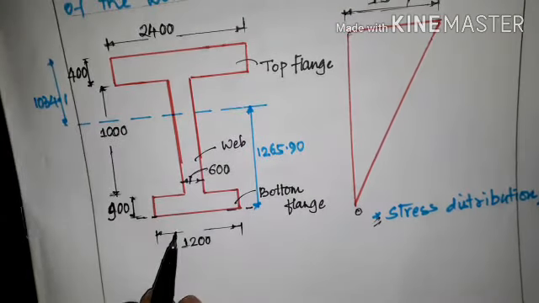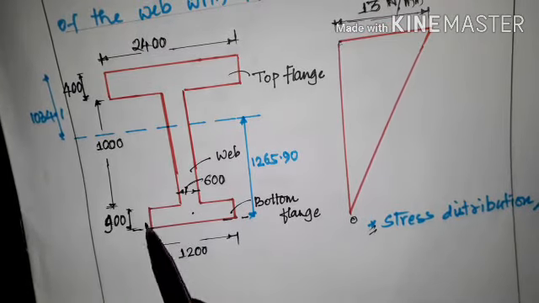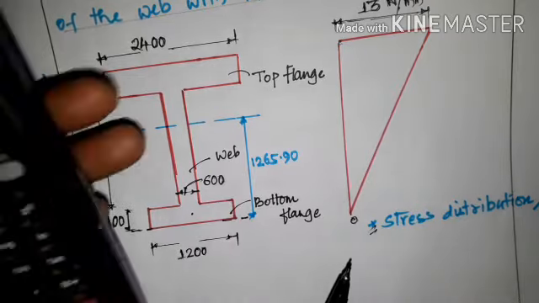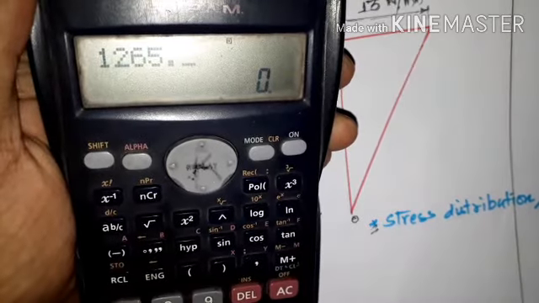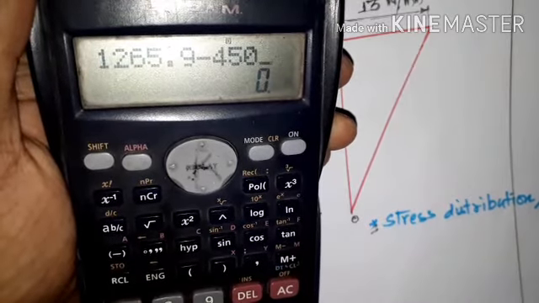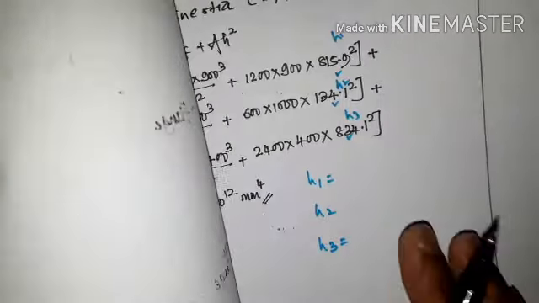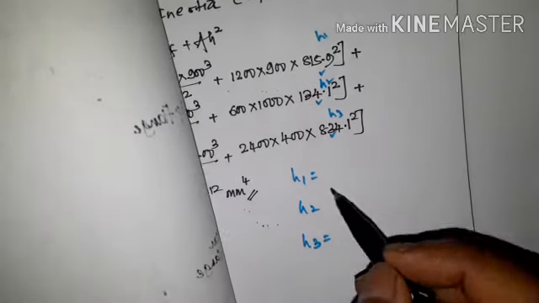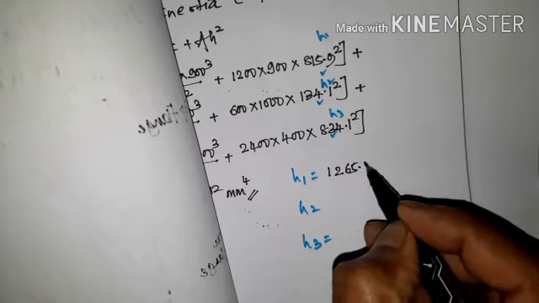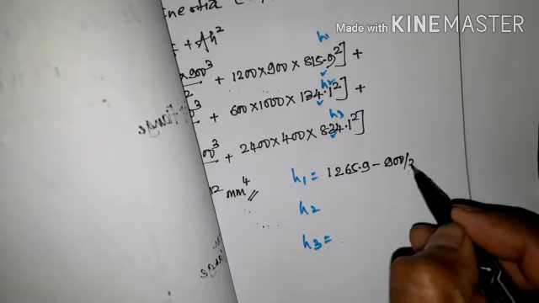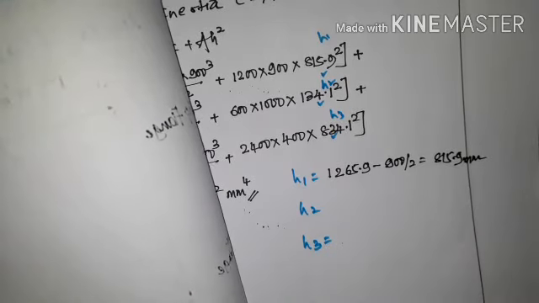The total is 1265.9, minus 450, because the flange depth is 900. So 1265.9 minus 450 is 815.9. I'll write here, 1265.9 minus 900 divided by 2, so we get 815.9 mm. This is regarding h1.